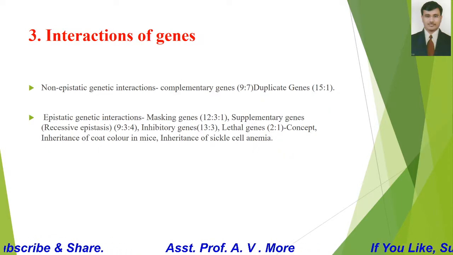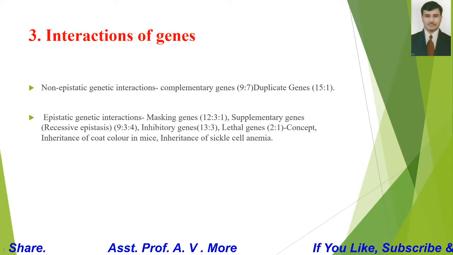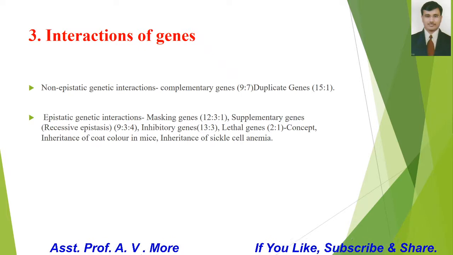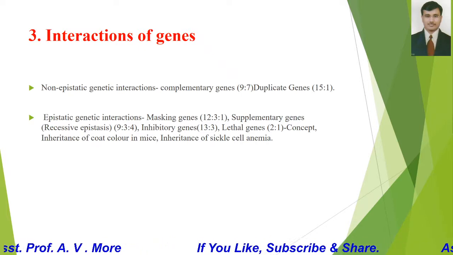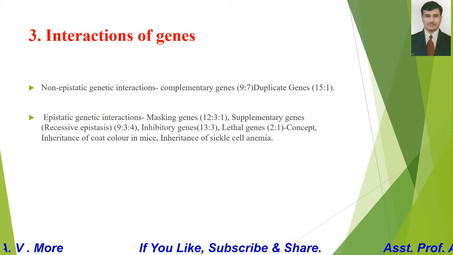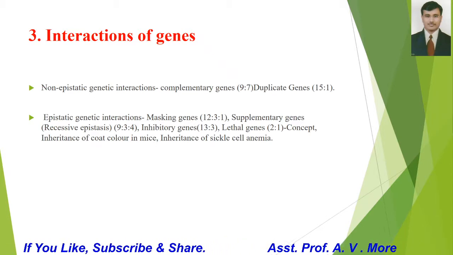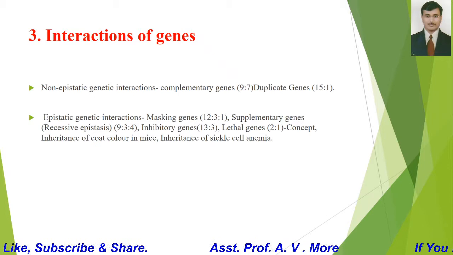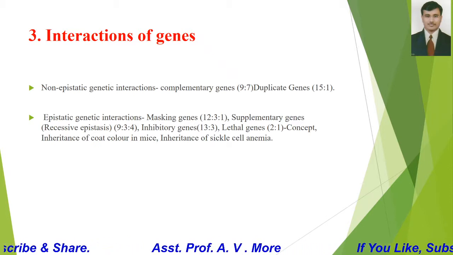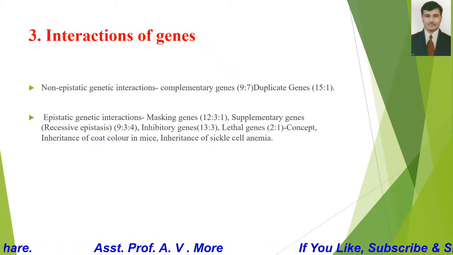Next is unit number three, interaction of genes. Friends, in that topic we have to study non-epistatic genetic interaction and epistatic genetic interaction. In non-epistatic genetic interaction we have to study complementary genes, that is the 9:7 ratio, and duplicate genes, the 15:1 ratio.